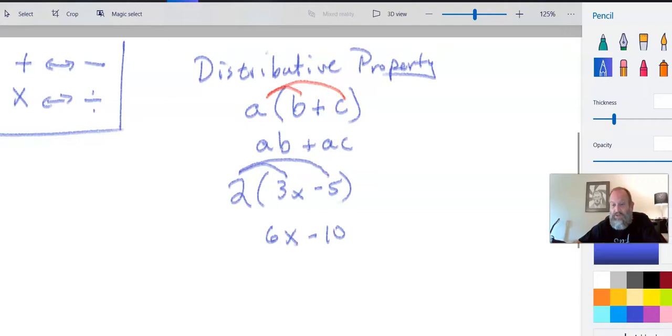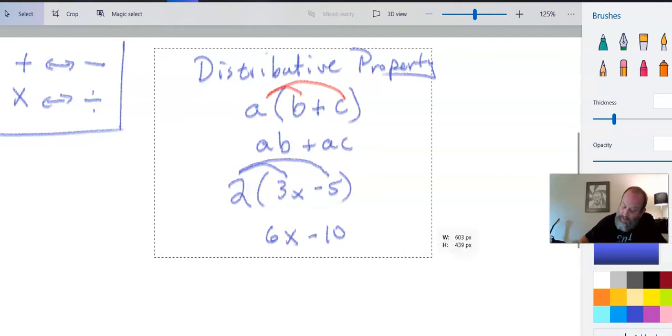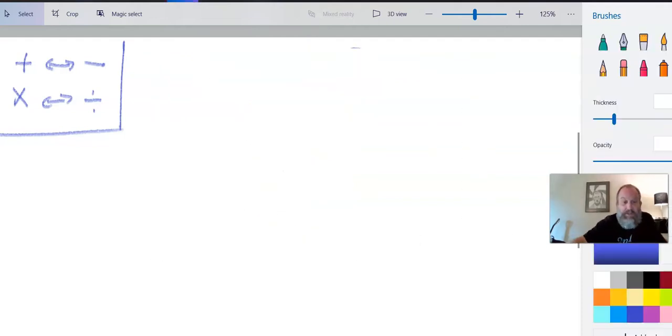And so now we've distributed this. That's the idea of distribution. We'll get plenty of practice with this because it's going to show up in a lot of the problems, which is why I'm not doing too many examples of these intro ideas.